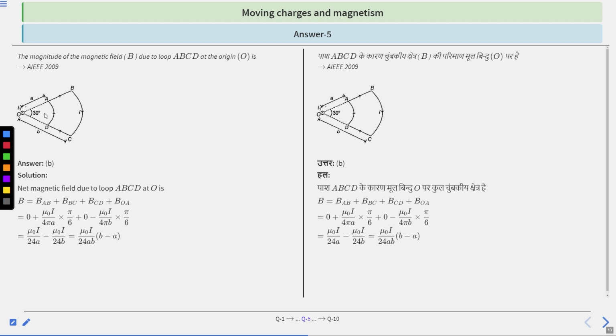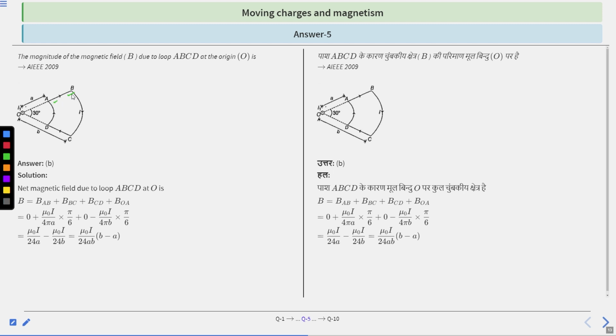So this is a loop, the first arc is AD and the second is BC. We have to find the net magnetic field at the center due to these loops. We know the magnetic field at the center due to this straight wire AB and this straight wire DC is 0. Clear?